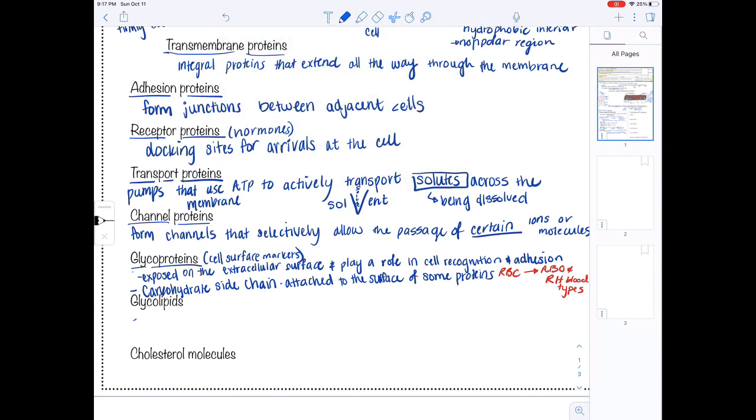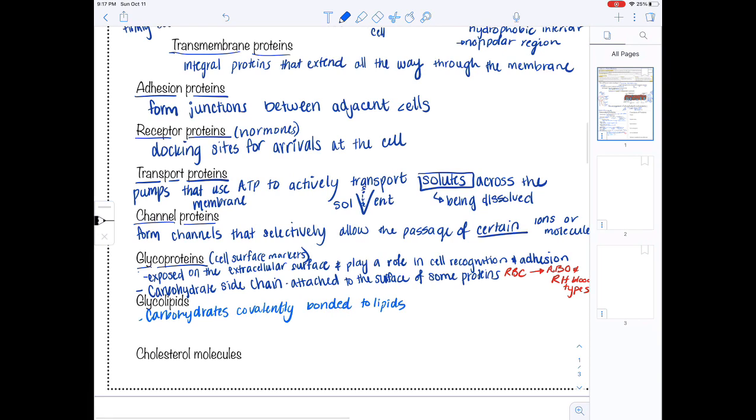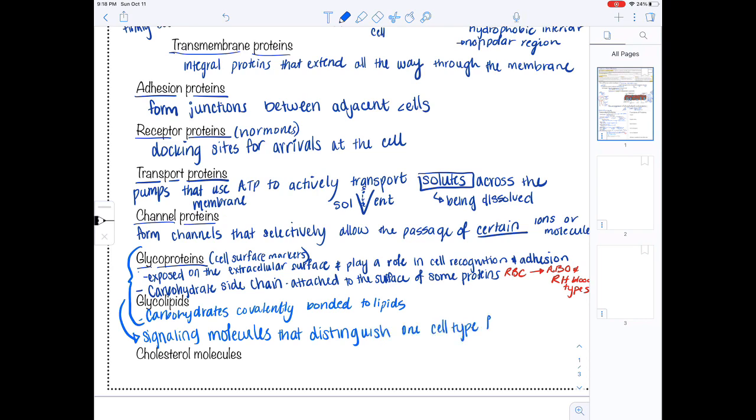Now, your glycolipids are similar to your glycoproteins. It is your carbohydrates that are covalently bonded to our lipids. Both our glycoproteins and our glycolipids are signaling molecules that are going to really help distinguish one cell type from another.